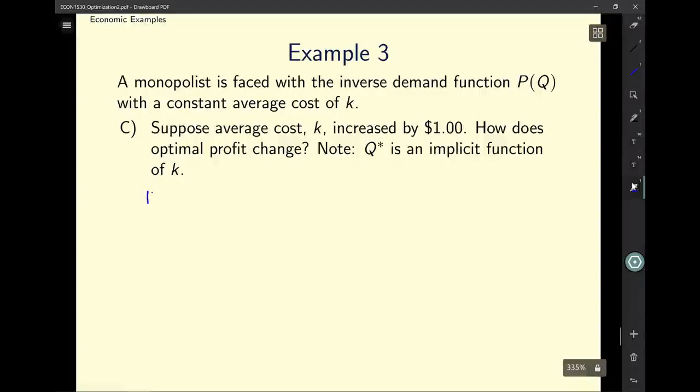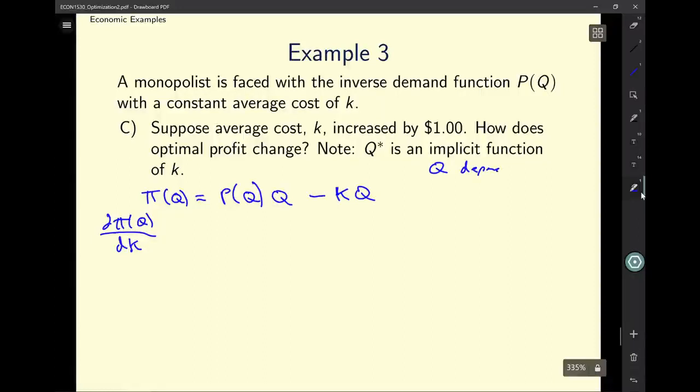So let's start by rewriting the firm's profit function as a function of Q. Now let's see how profit changes with K. Remember that Q depends on K. Of course, price depends on Q. And we're really interested in the monopolist's profit at equilibrium.